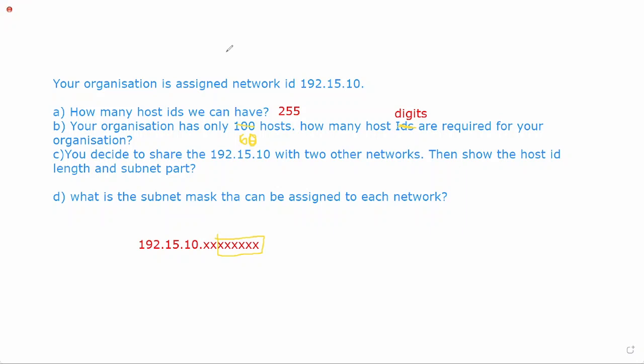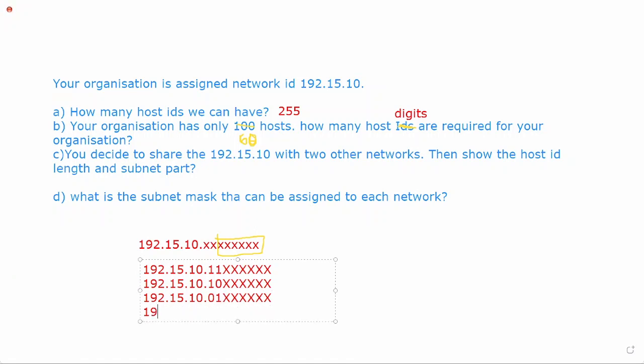We can have 192.15.10.11xxxxxx, then 192.15.10.10xxxxxx, then 192.15.10.01xxxxxx, then 192.15.10.00xxxxxx.